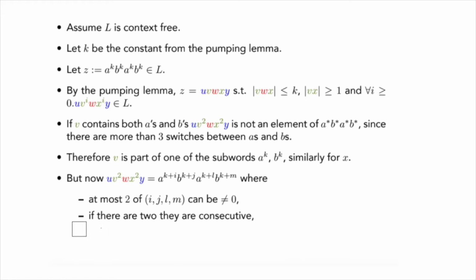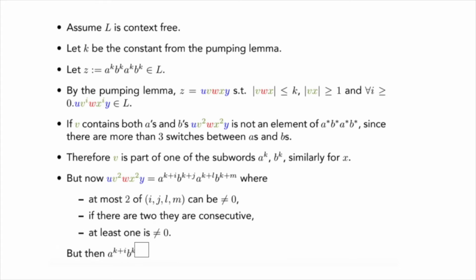But if not 2, then at least 1 has to not be equal to 0. What this means is, it will break the proportion of the 4 blocks of letters being of the same length. At least one of the blocks of letters will be out of proportion from the others, or at most 2 will not be equal to k anymore.